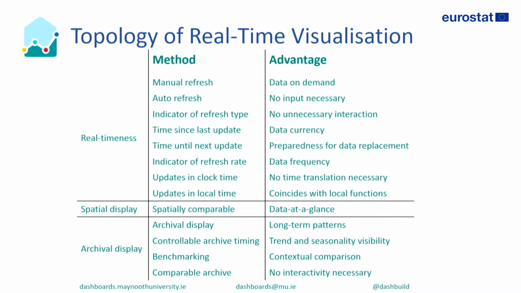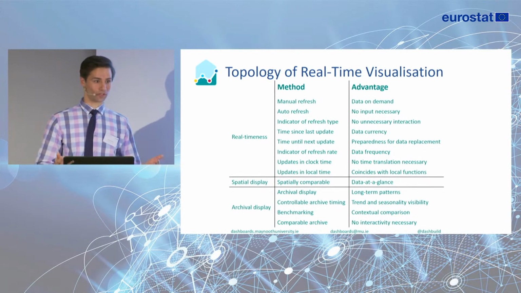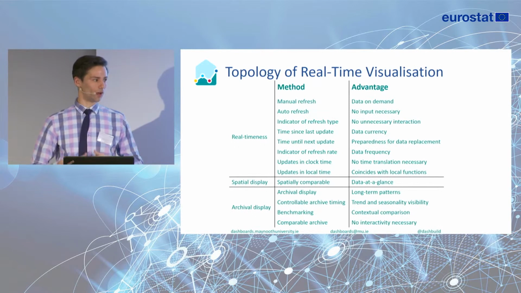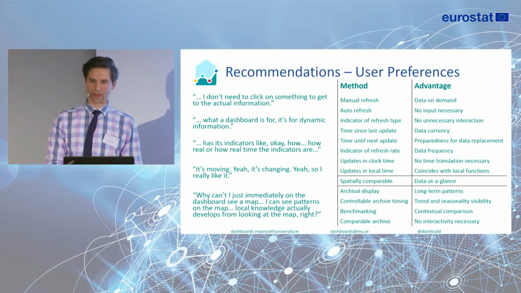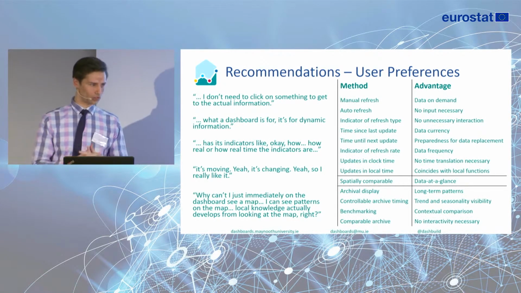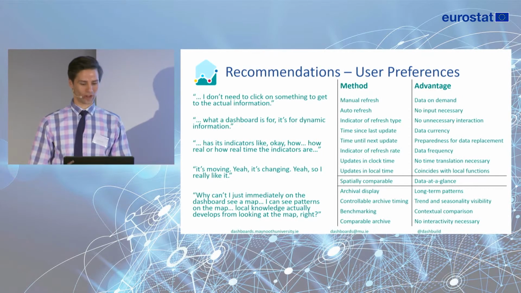I only showed you a couple of examples, but in this research, I've derived a whole list of different visualization strategies and what they can do to help promote trustworthiness. And in linking that with the user study that we've done, we're finding a lot of quotes that speak to specific strategies here.